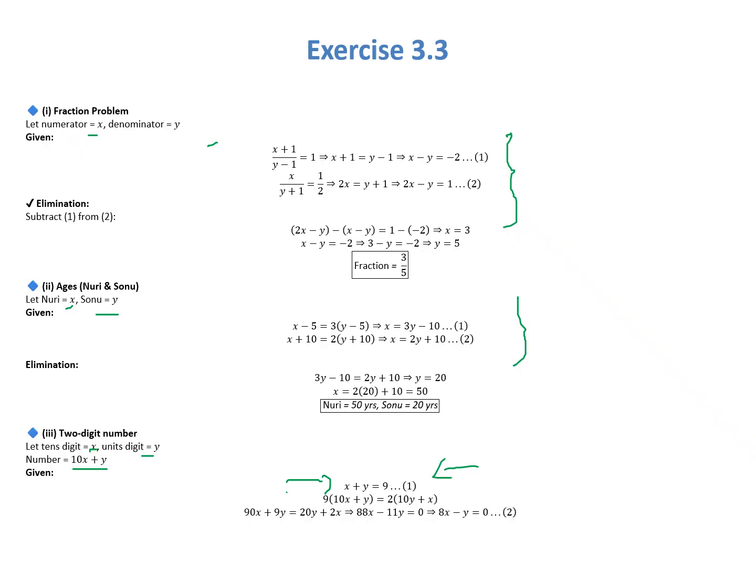So we have the original number as 10x plus y, and after reversal we have 10y plus x. So 9 times the original number is equal to twice the number after reversing the digits. So we have two equations. Again, we have to use the elimination method to solve these equations, and then we have the two digits, x and y, and then we can use this x and y in the original expression to get the number.